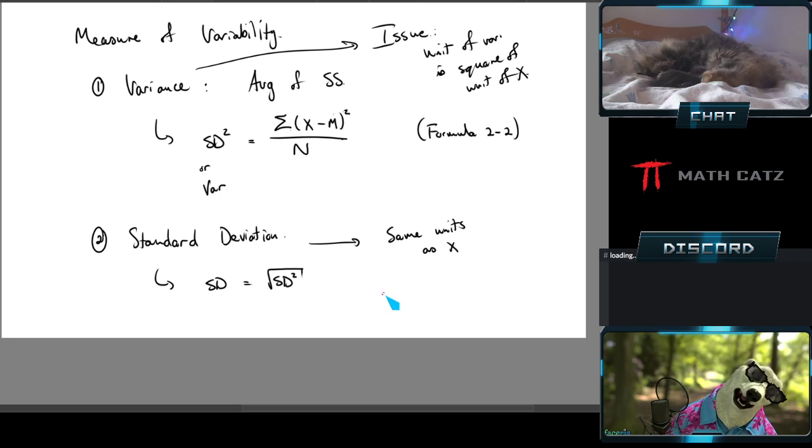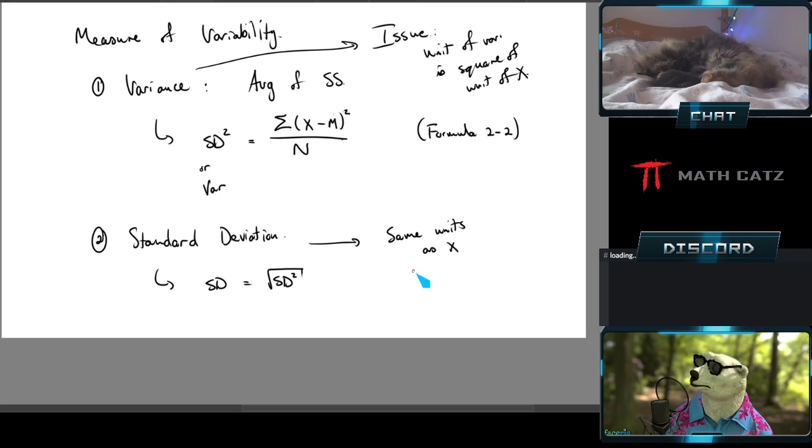How should I interpret this in a sort of intuitive way? The best interpretation I have for the standard deviation is simply that it's an indication of how scores are spread around the mean, just like the variance is.